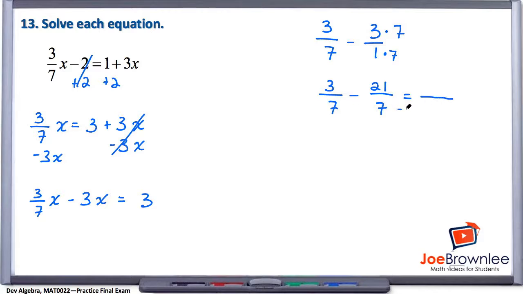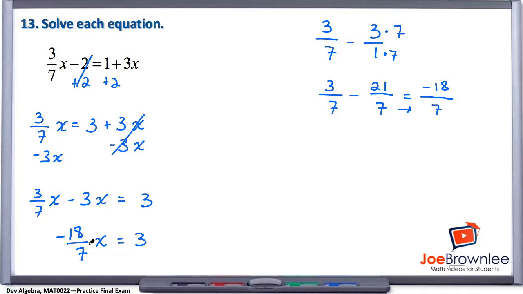Once we have a common denominator, it just moves over, and we perform the indicated operation with our numerators. So 3 minus 21 gives us negative 18. On the left, 3/7x - 3x gives us negative 18/7x = 3.